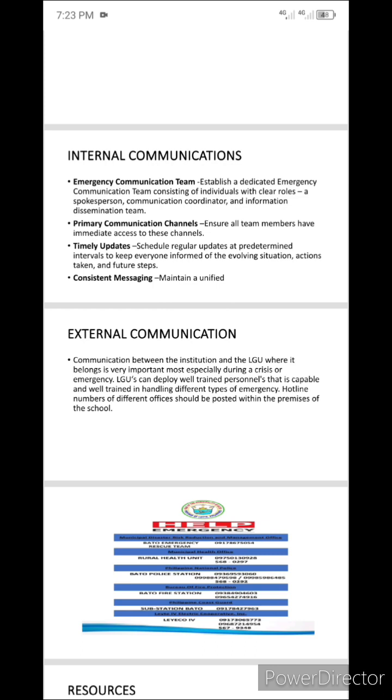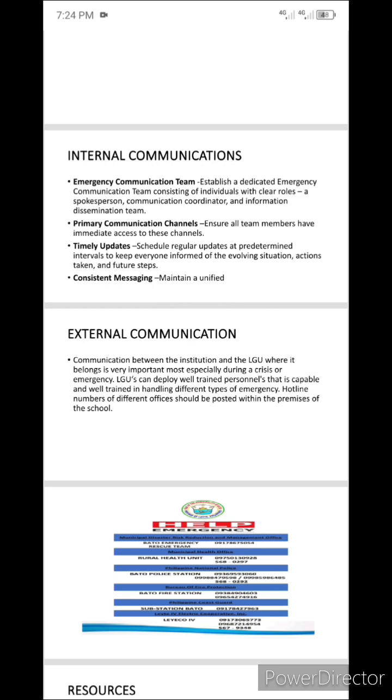First we have to understand what communication is. Communication is the exchange of messages, signs, or verbal and non-verbal communication, for example. So why is internal communication important?